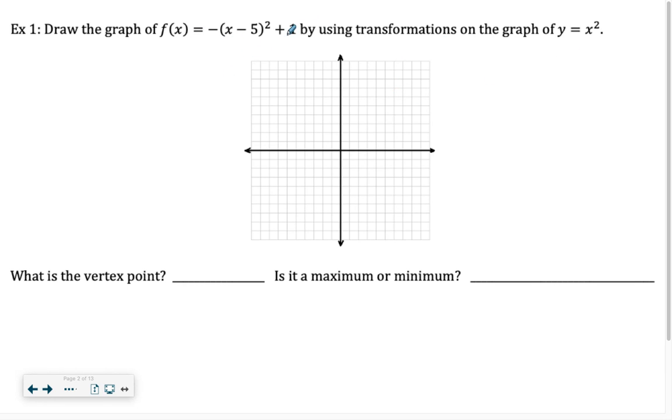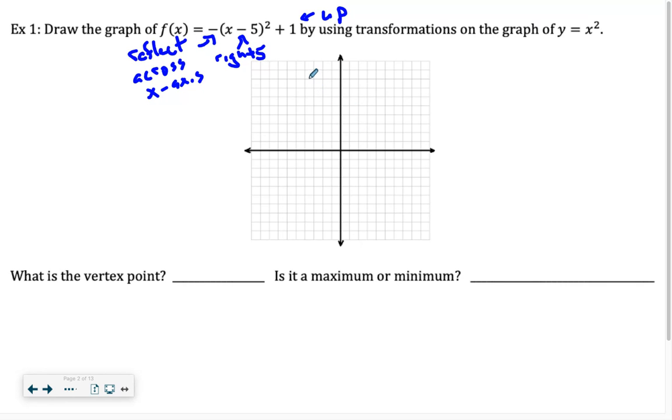Right? So let's take a look at sketching this graph out using transformations. Okay, so there's three things that are happening here. The first, this tells me I'm going to go right 5. Then this negative out here is a reflection across the x. And finally, this plus 1 tells me I'm going to go up 1.